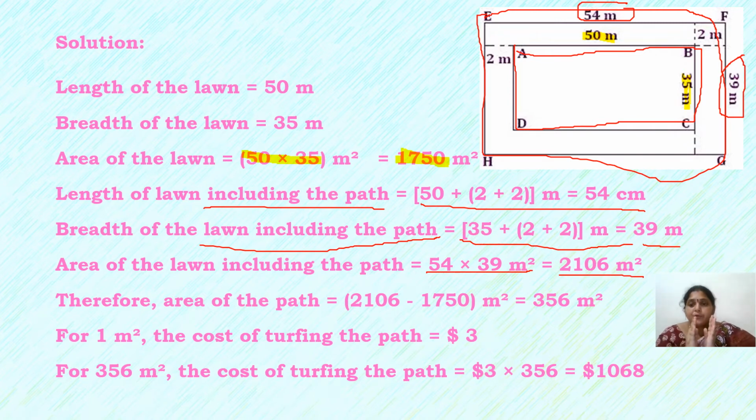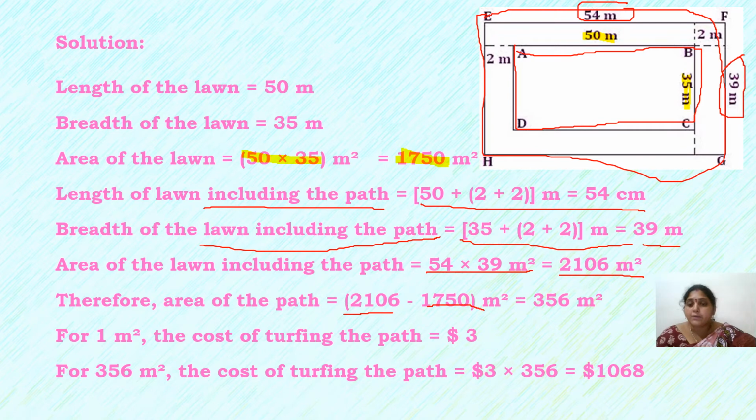Now we have to find only the area of the path, only the area of the path. So what is the total area including the path? It is 2106, minus the area of the lawn, which is 1750.